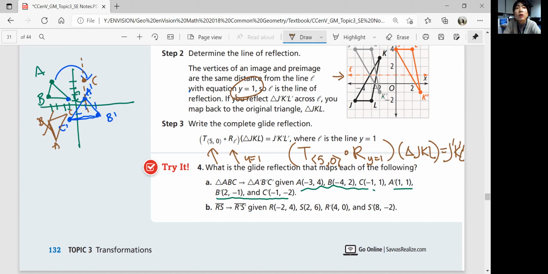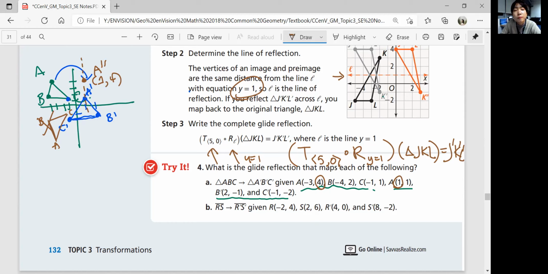Okay, so your middle point should be 1, comma, 4. Okay, does that make sense? Because you're getting 1 from A prime and then 4 from A. Okay, that should be your A prime or A prime prime if you want to say that.